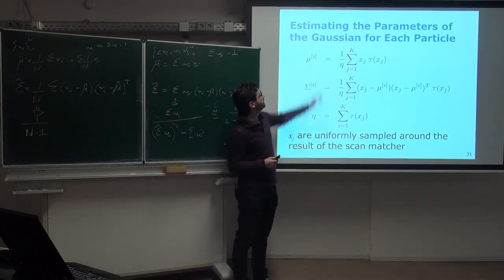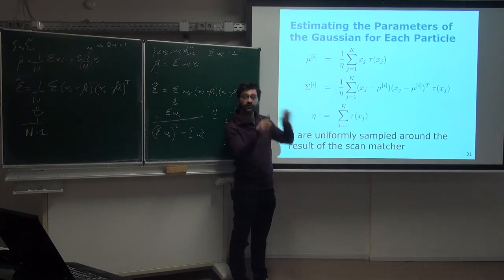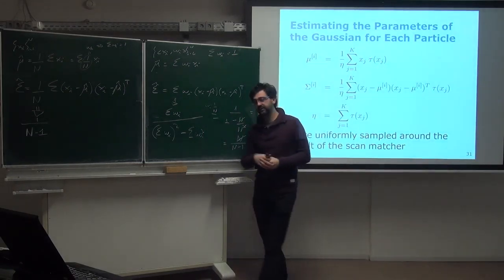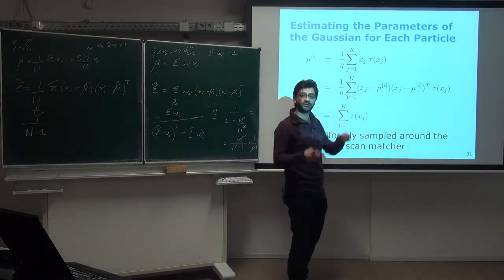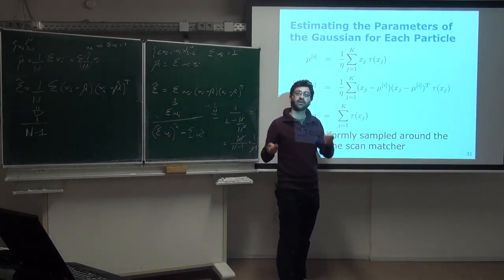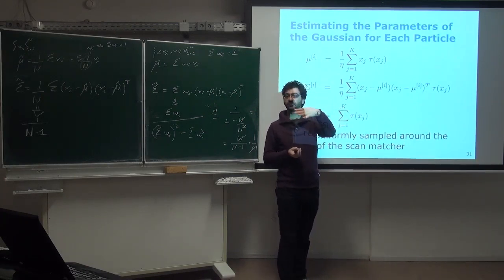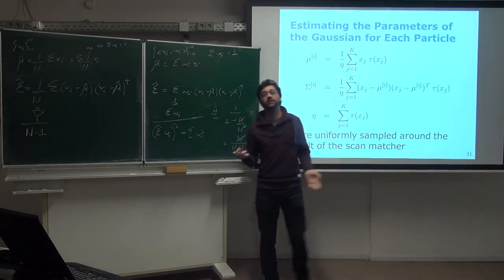So we have the mean computed as a weighted sum of all these uniform samples. Since these samples are uniform, from the importance sampling, we can just say target divided by proposal. The proposal is the uniform, so it doesn't count. The weight is the target distribution divided by the constant, which basically means it's the target distribution that we then normalize, no?